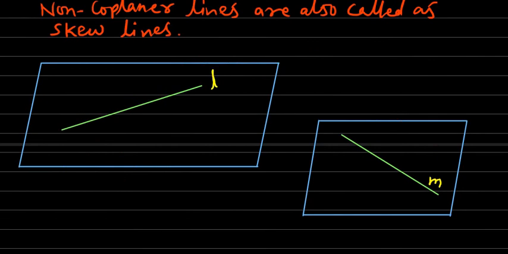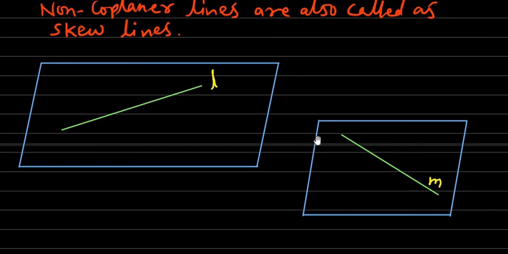Now see how the angle between two non-coplanar lines is defined. Let us consider the two non-coplanar lines as shown in the figure here. Suppose this is one plane and there is a line L in this plane, and there is another plane which has line M in it. Clearly these lines are non-coplanar, meaning skew lines.